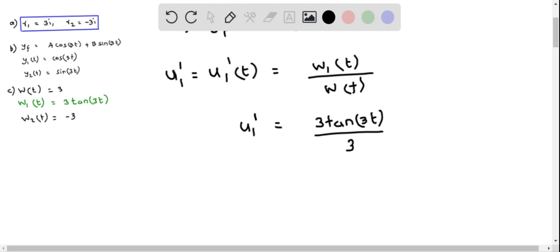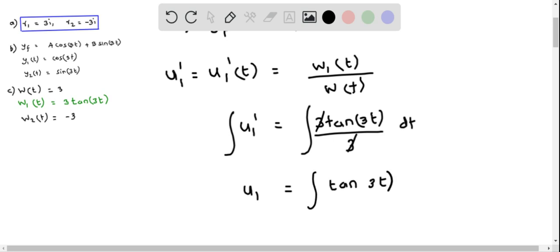This means to determine u1, we have to integrate both sides. So let's integrate, and this gives u1. We can cancel these 3's, and this is the integral of tangent 3t dt.